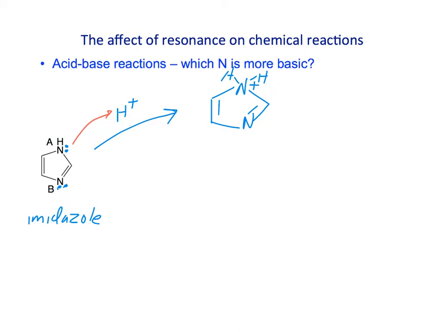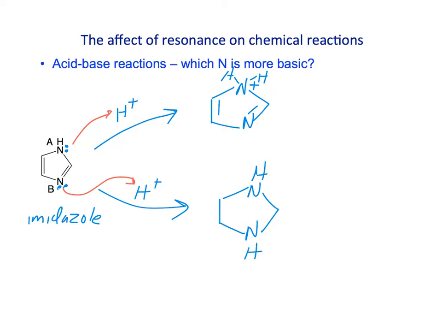Okay? Alternatively, if we add an H plus to nitrogen B, we get another possible conjugate acid. This one has an H already. We've added an H here. Now this bottom nitrogen has 4 bonds to it, right? So it has a plus charge.